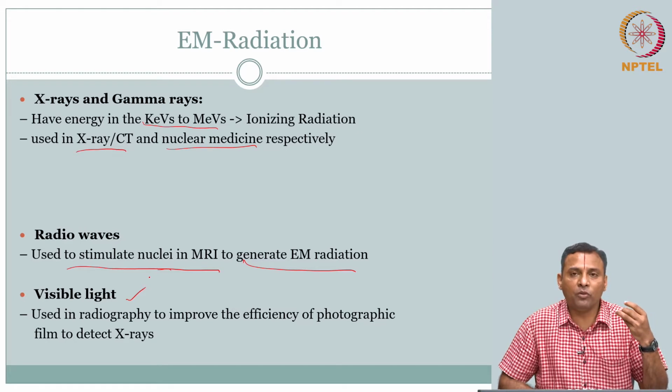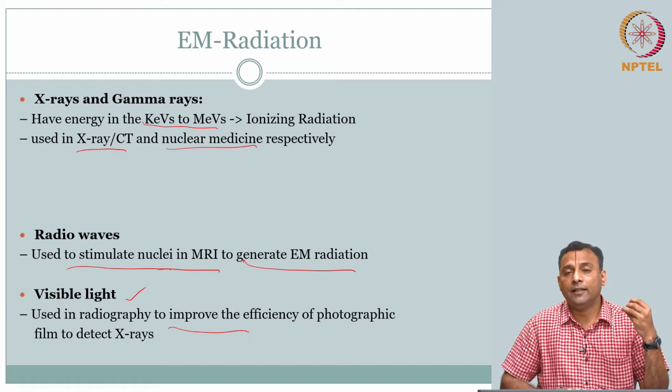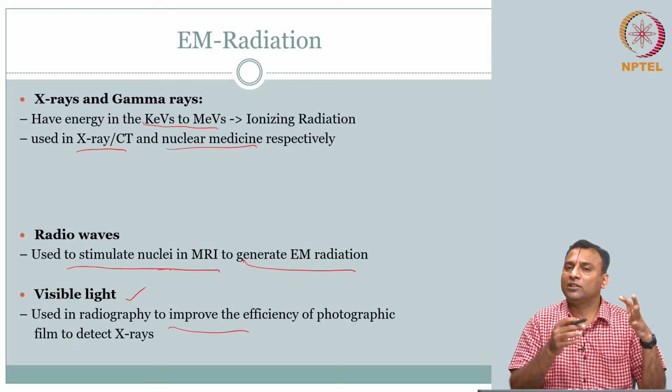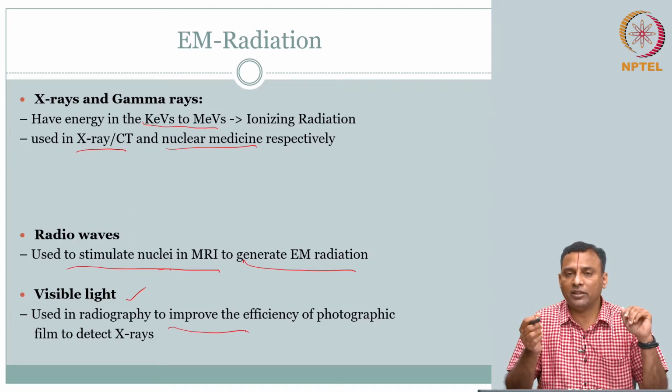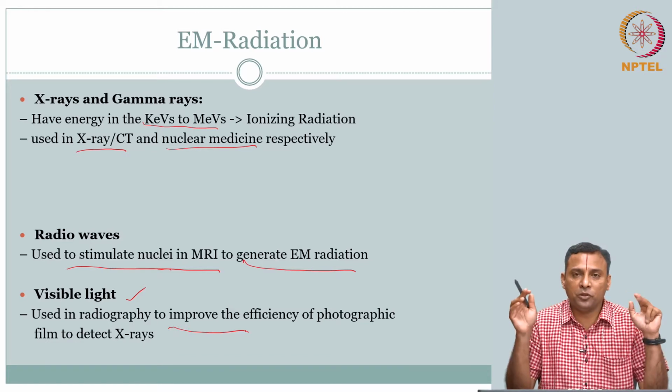But beyond that, what do we mean? It is actually used when, recall what Roentgen did, right. He named it X-rays because there were mysterious rays coming. He was working with a Crookes tube, and he noticed that the photographic film actually got spoilt due to some mysterious rays.